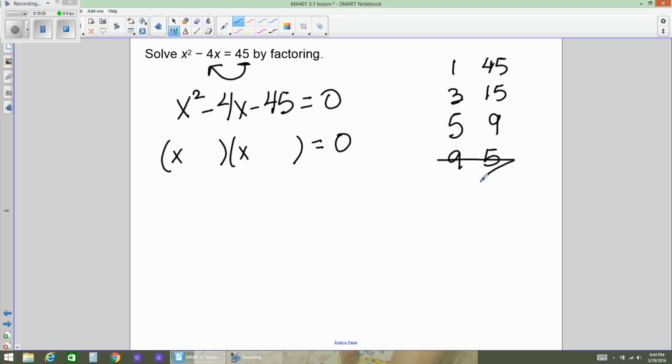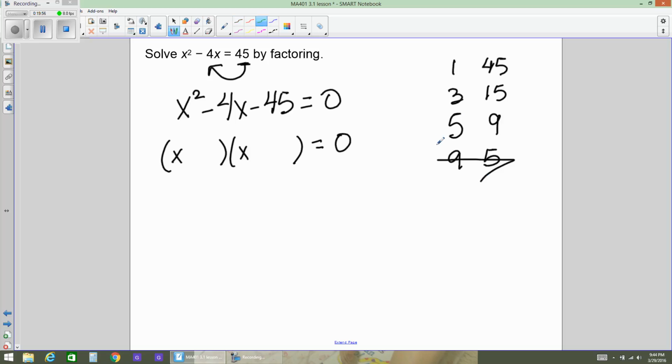Now you ask yourself, if you had the right symbols, if you had the right plus sign or minus sign, could you combine the numbers in order to make the negative 4? Well, a 1 and a 45 would combine to make either a 43 or a 46. A 3 and a 15 would combine to make a 12 or an 18. And a 5 and a 9 would combine either to make a 4 or to make a 14.